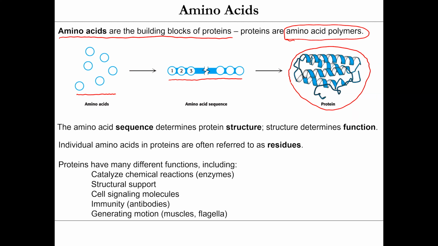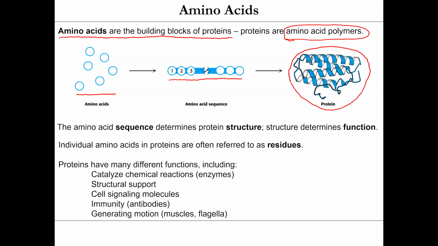The amino acid sequence determines the protein structure, and then the structure of the protein determines its function. The individual amino acids on that protein are often referred to as residues. I'll use that term throughout this lecture and other lectures as well.